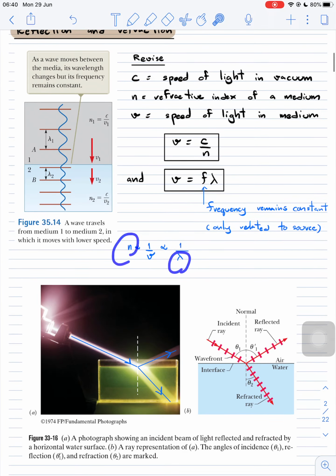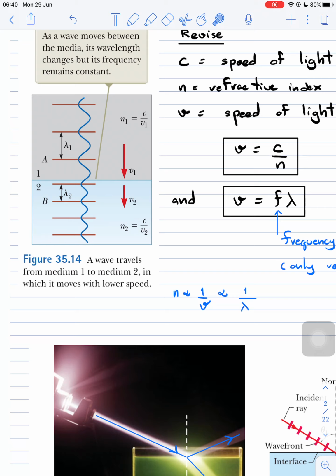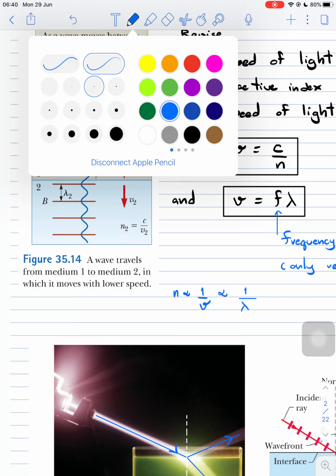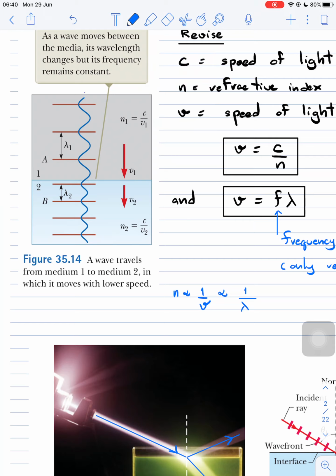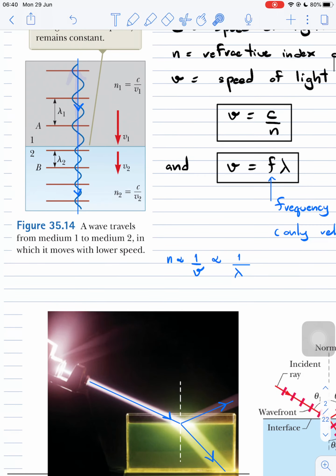Now from this picture, this is the normal incidence. It means that the light ray is incident normally to this interface, and then some part of the light will be reflected to medium 1, and some part will be refracted into medium 2.